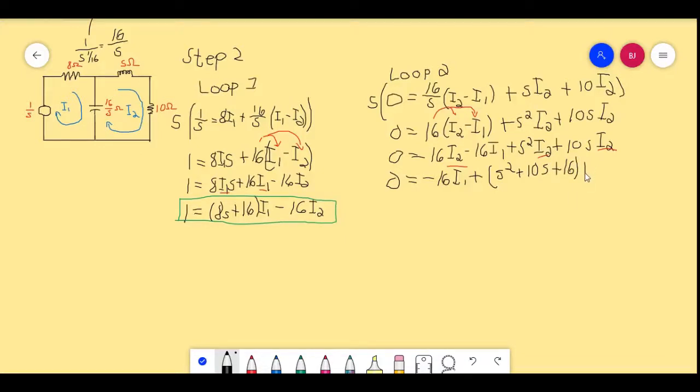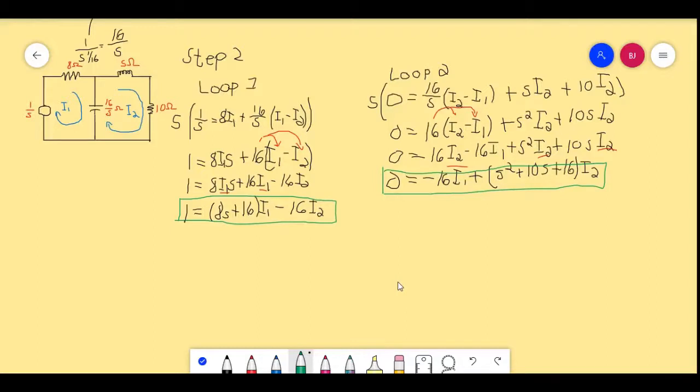And that would be the time that we will be factoring out I2. So this would now be our second equation, which represents loop number 2. Afterwards, we will now be able to represent our current I1 and I2 using either substitution or elimination.